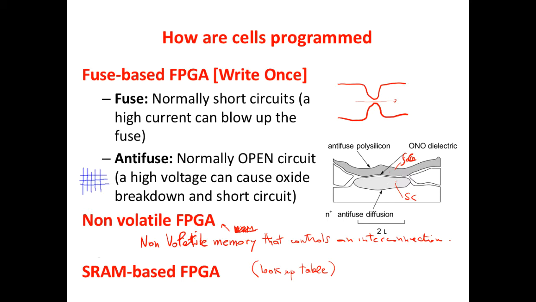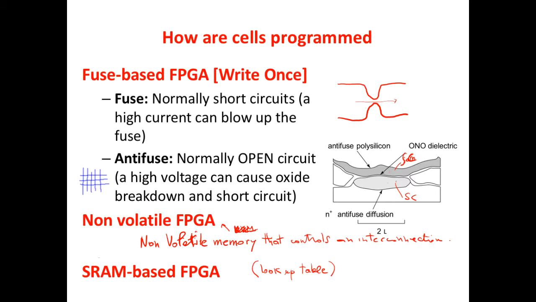If you want to perform a combinatorial function, you know that any combinatorial function can be performed by a lookup table. Okay? And actually, this SRAM is the lookup table. So this type of FPGA works in this way.